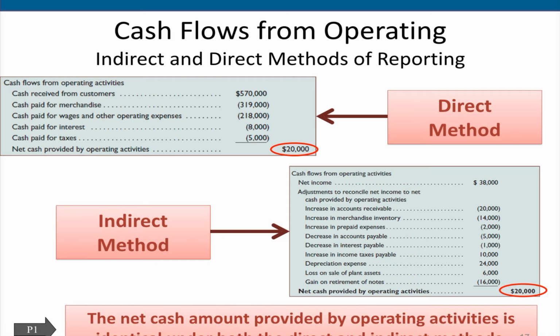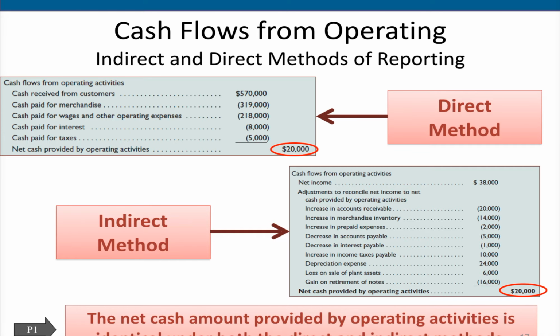Take the net income as your starting point, which you see right here, and then make any necessary adjustments to basically get rid of everything from net income that wasn't associated with net cash provided by operating activities.